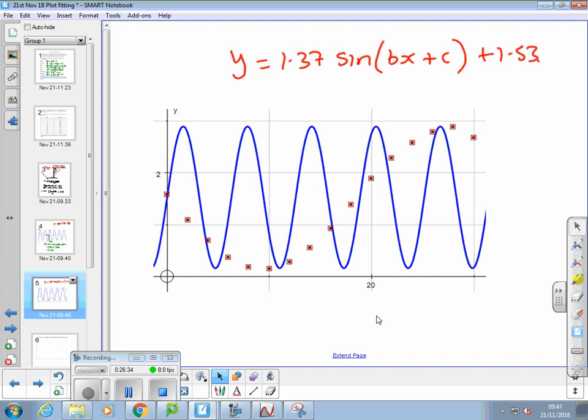We need to stretch that waveform, don't we? That's a bit condensed at the moment, so we need to reduce the frequency. You certainly wouldn't want to try and find out what the phase shift is before you got the frequency right, or at least close, because you can't see it properly.